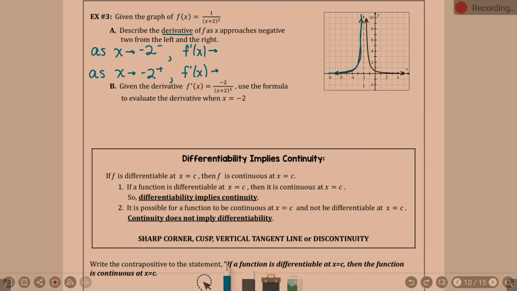What kind of slopes do we have there? Derivatives are slopes of the tangent line. Very big ones. Positive, negative, positive, yes. On the left side of negative 2, all my slopes are positive, aren't they? This line is always increasing.